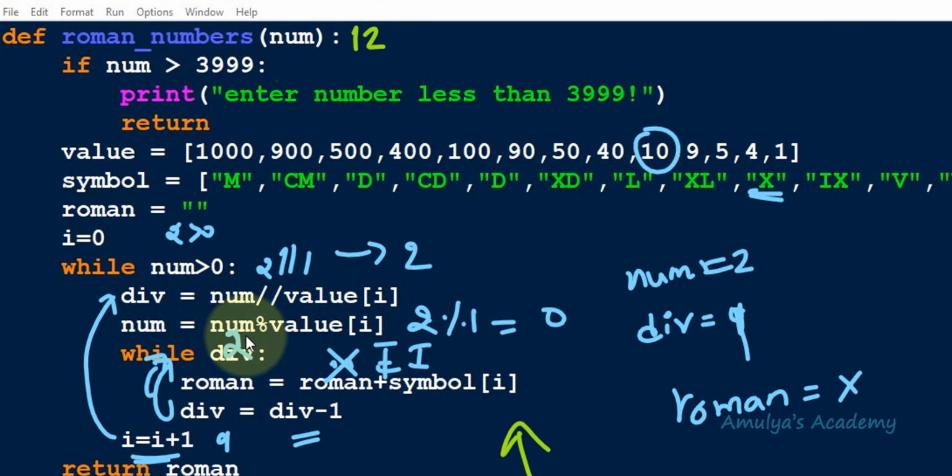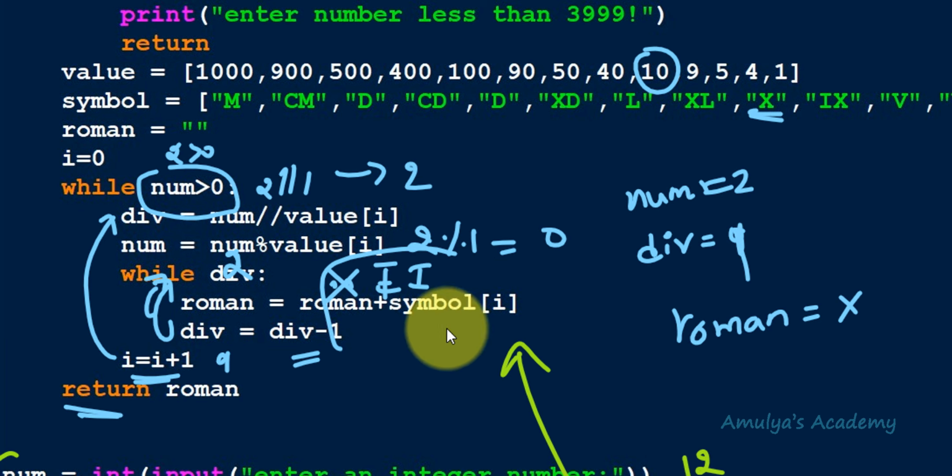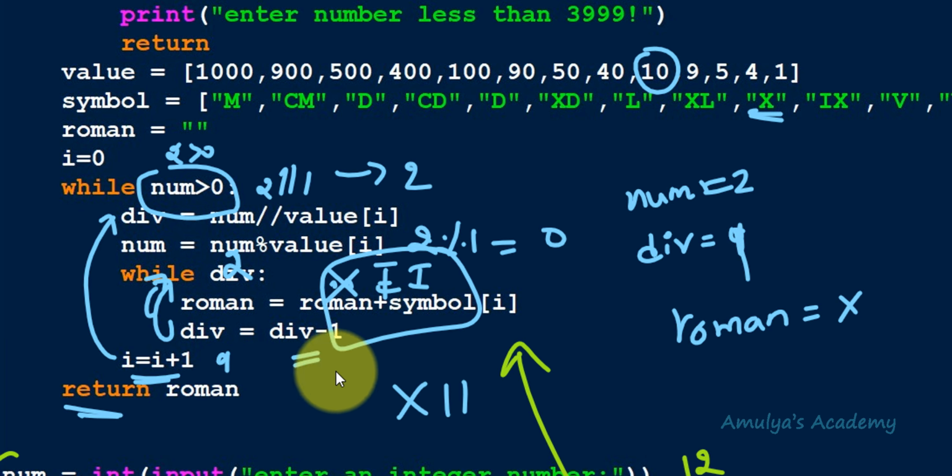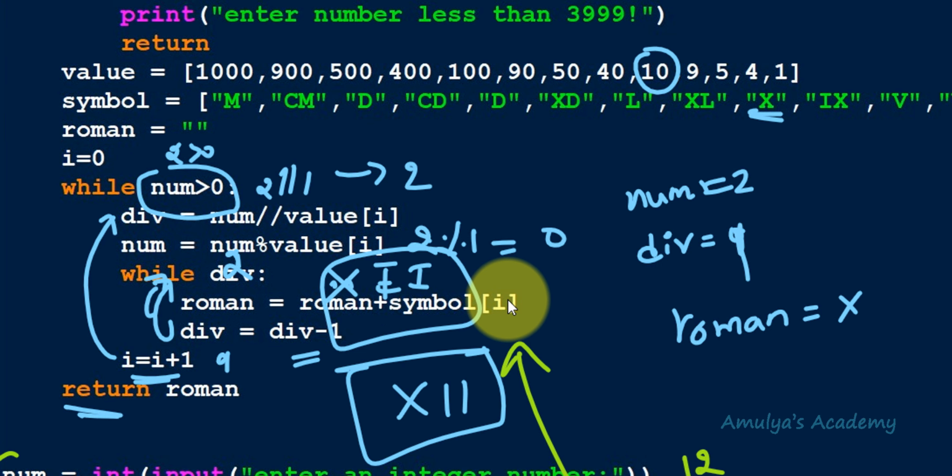Now control again goes here, but division is 0, so it will come out of that and it will increment I value. Control will again go to the starting point, but here num is 0, so it will come out of the loop and it will return the result. So that's why we got the output as XII. Okay, so in this way this program works.